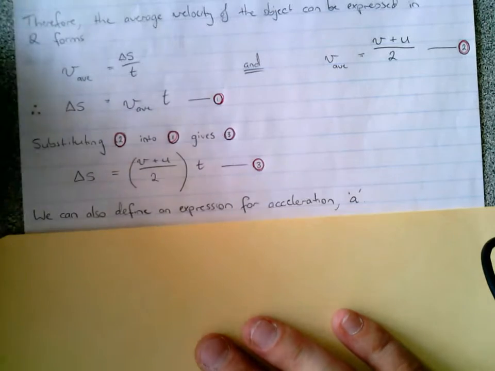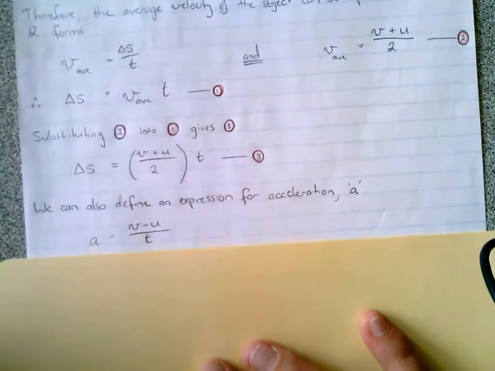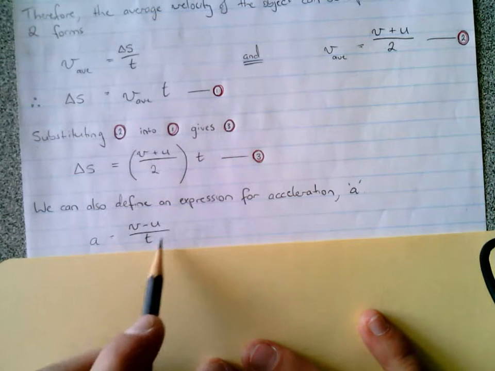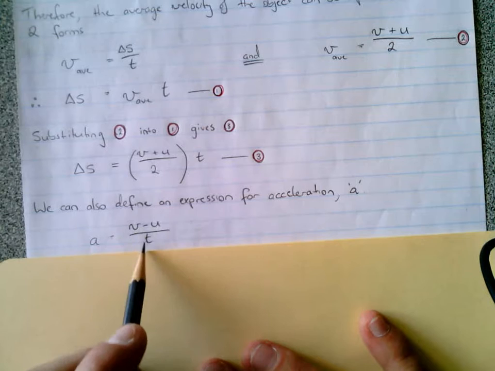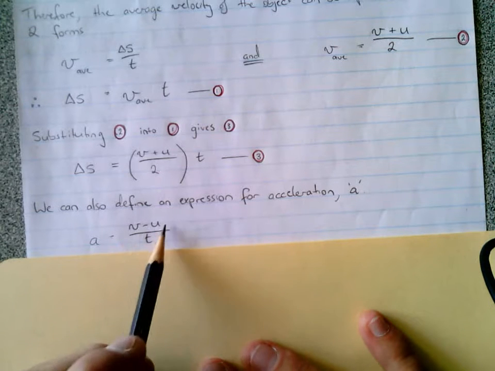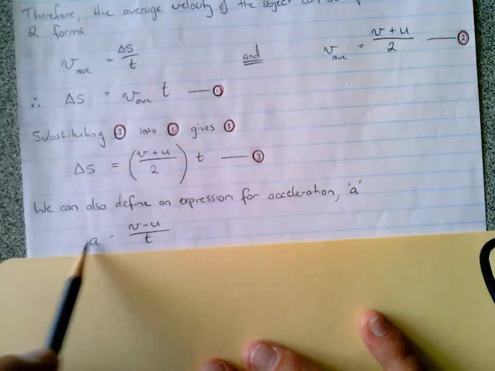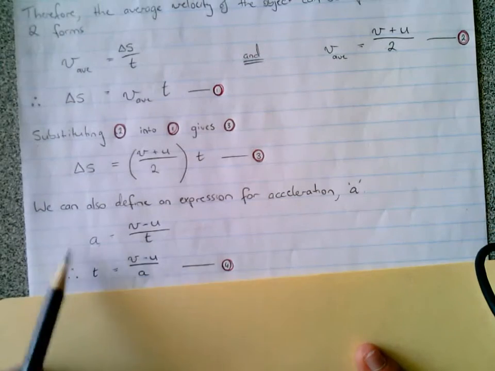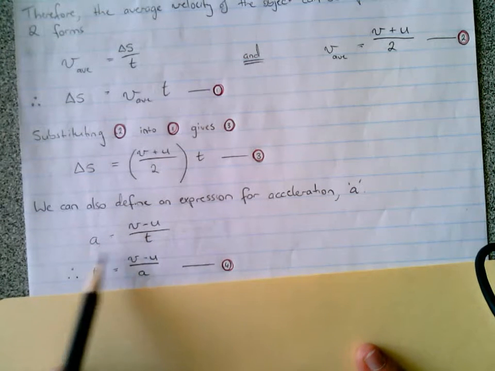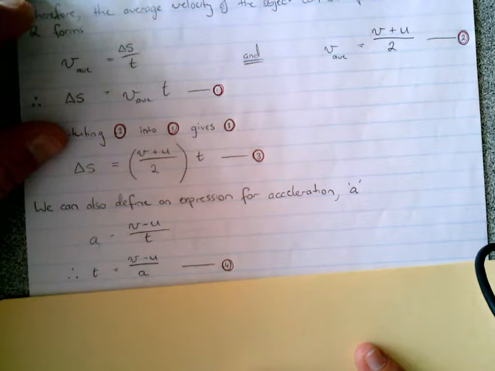Now, that expression is obtained by subtracting the initial velocity from the final velocity and then dividing it by the time. So what we have here is change in velocity over a period of time, which is defined as the acceleration. If I rearrange this formula to solve for t, I get this, which I've called equation 4. t equals v take u divided by a.